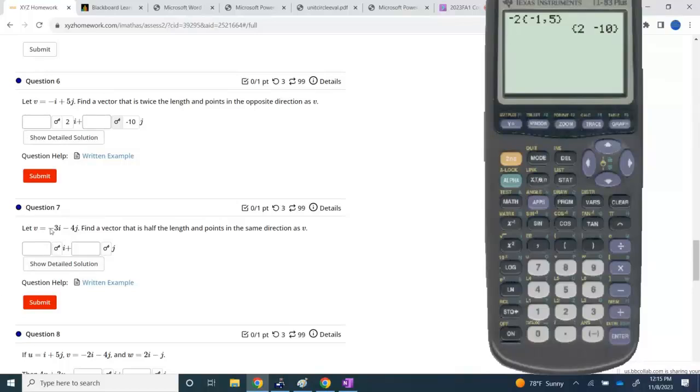Number 7 is the same. It says let v equal negative 3i minus 4j. Find a vector that's half the distance and in the same direction. So I basically want to take this vector and divide it by 2. And dividing by 2 is the same as multiplying by half. So I'm going to go back into the curly braces.